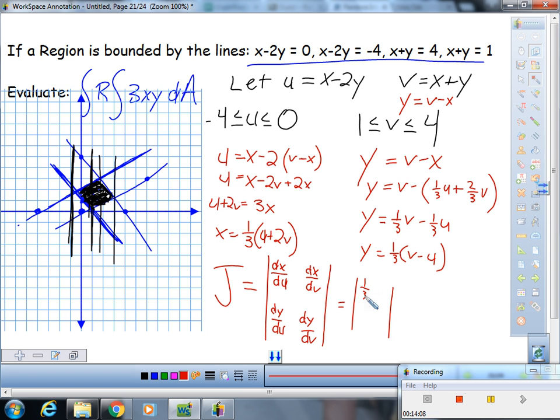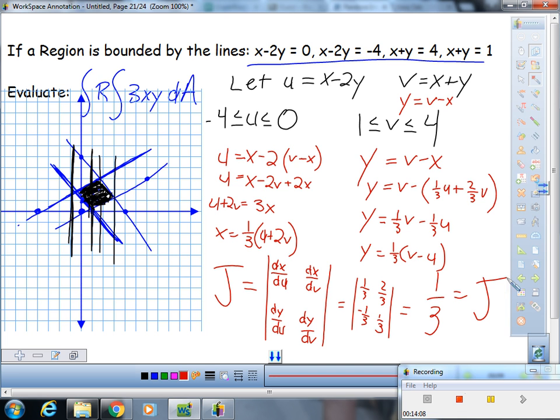What's the derivative of x with respect to v? 2/3. What's the derivative of y with respect to u? Negative 1/3. And the derivative of y with respect to v? Positive 1/3. So you get 1/9 minus a negative 2/9. So that's 3/9. So our Jacobian is 1/3.